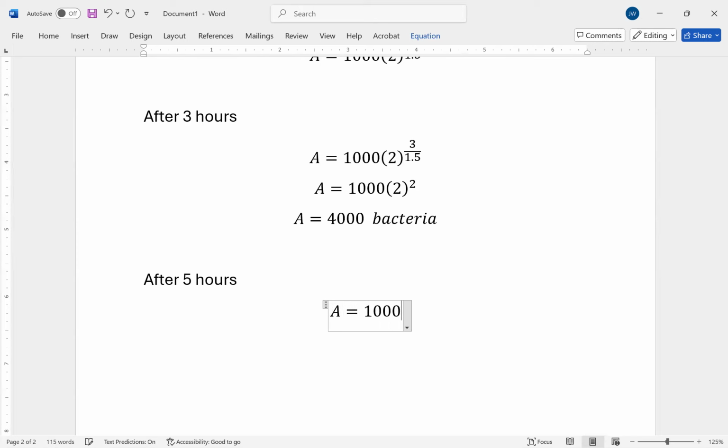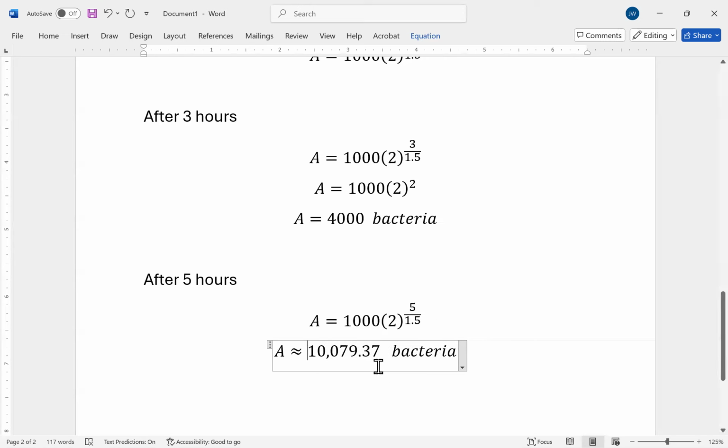So we start with 1,000, we'd multiply it times 2, raised to the 5 over 1.5 power. So the amount that we have is 10,079.37 bacteria. I should say approximately because that's a rounded number.